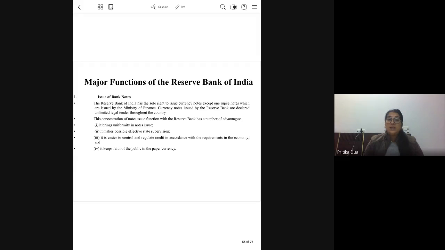And again, RBI takes the responsibility of distribution of the coins. So, first and foremost function of RBI is that it is responsible for issuance of banknotes. While issuing banknotes, RBI keeps certain things in mind, that there should be uniformity and security of the notes. All this is the responsibility of RBI.